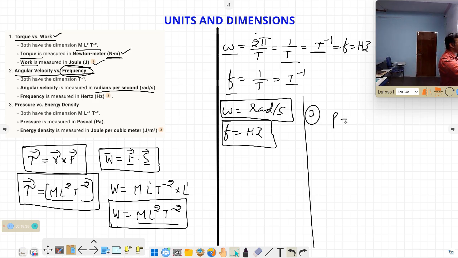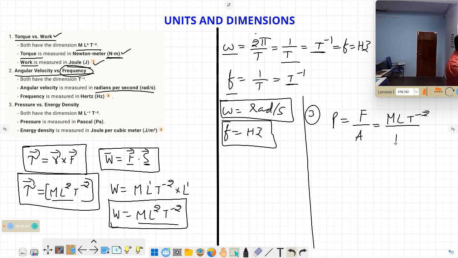What is pressure? The basic formula for pressure is force acting per unit area. The force dimension is MLT^-2, as we did just before, divided by area. Area, if you take a circular area, is pi r square. If you take a square plate, it is L square. So area always becomes the square of the length.